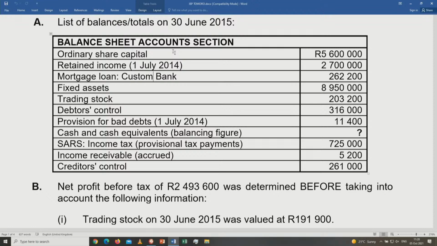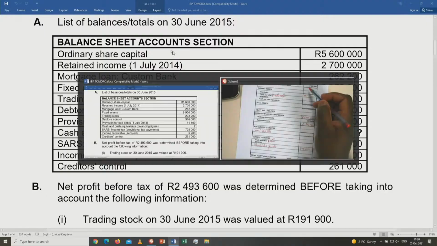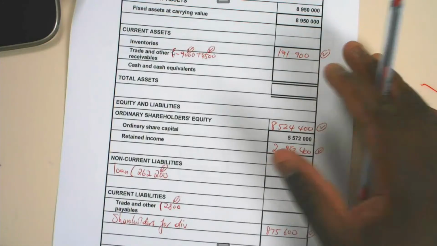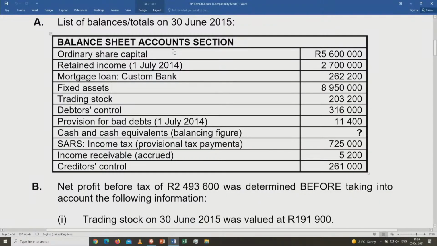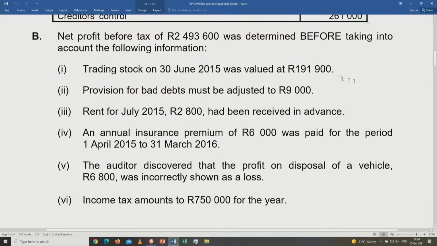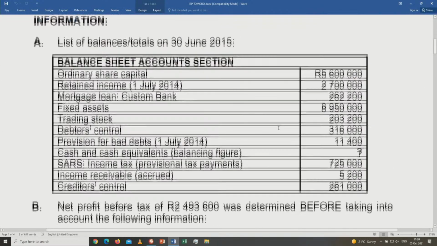Then we go to fixed assets. It has already been given to us. Then we go back, and it's trading stock. Trading stock, remember, falls under current assets. We took the latest, or the closing balance, that we got from our adjustments.